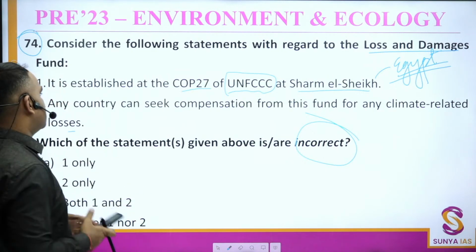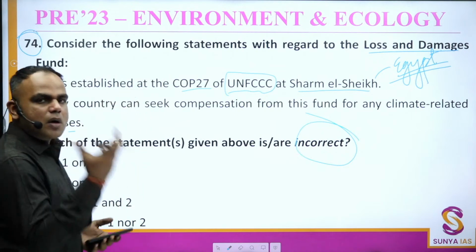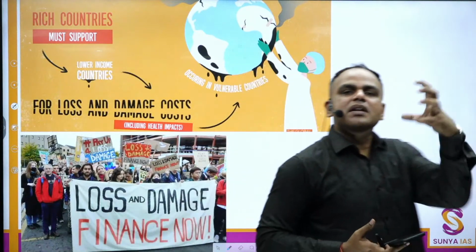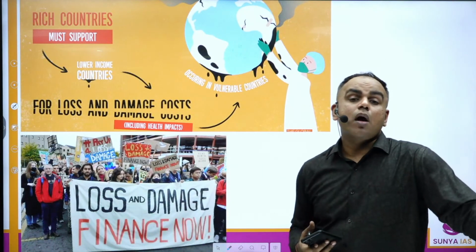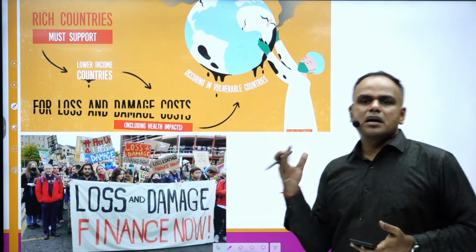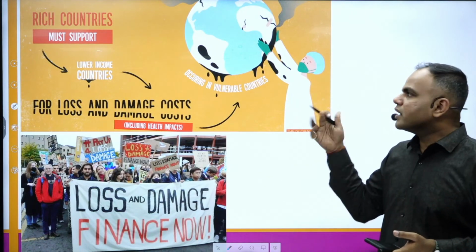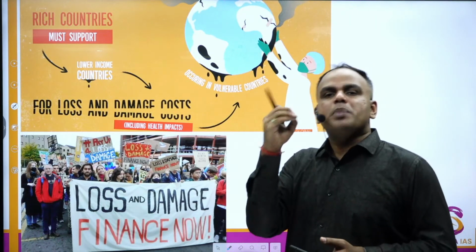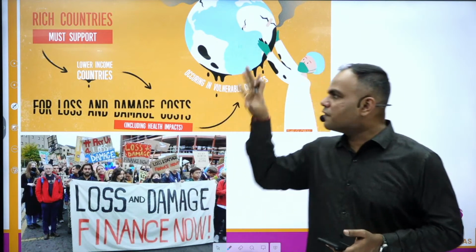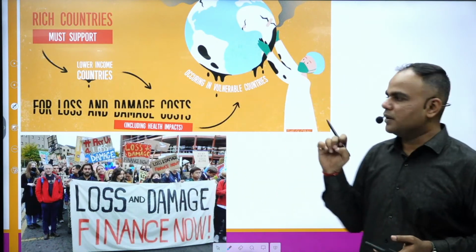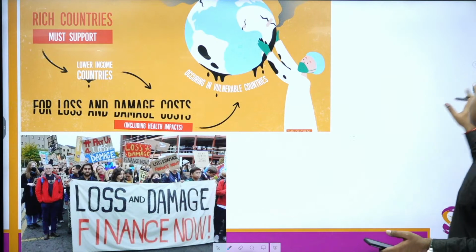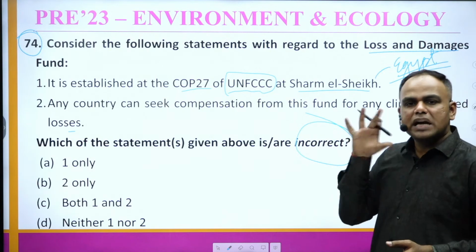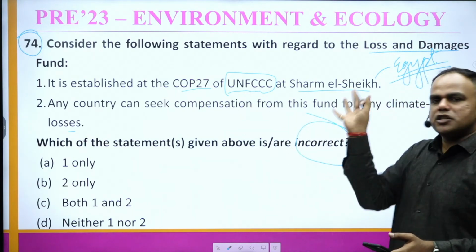Firstly, let me tell you the concept of loss and damage. Because of the activities and historical emissions of the developed countries, the developing countries are facing a lot of issues. There can be irreversible damages to their population and their ecology. To prevent that, they are asking for compensation in the form of a loss and damage fund. This fund would be available for vulnerable and the most needy countries. So any country can seek compensation, that is not true.